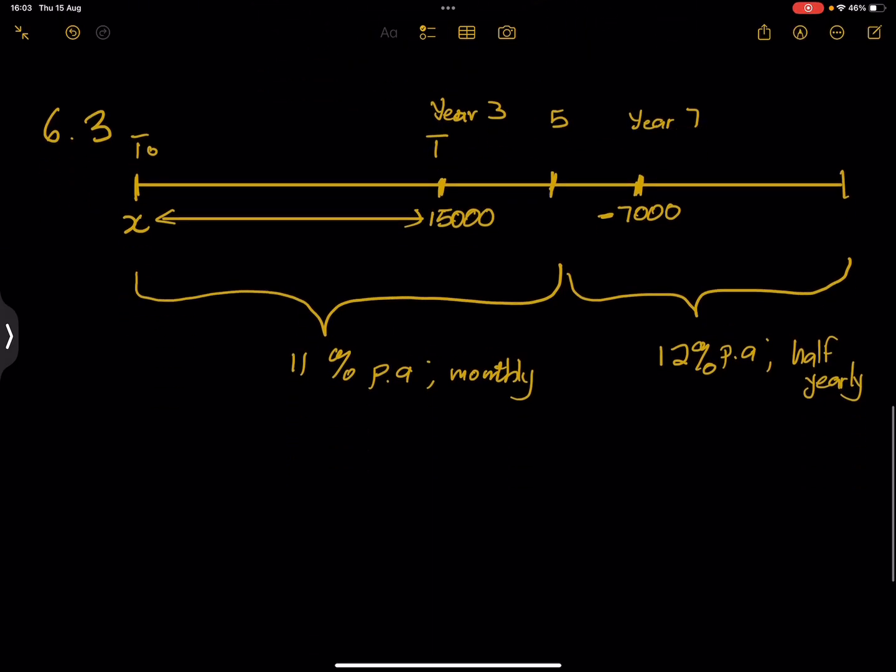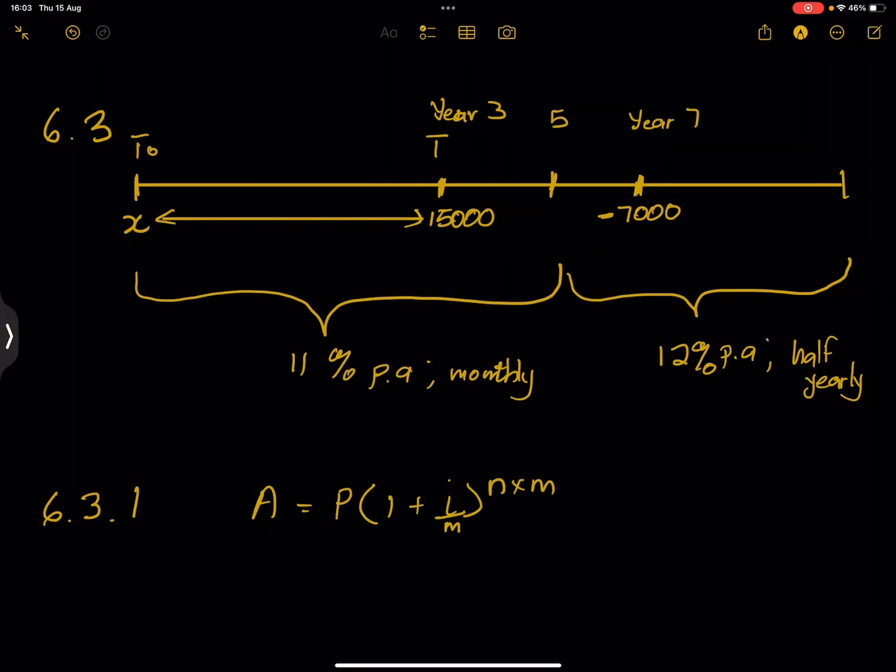So firstly, 6.3.1, the accumulated amount is equal to the principal amount times 1 plus i, where i is the interest, raised to the number of years times m.